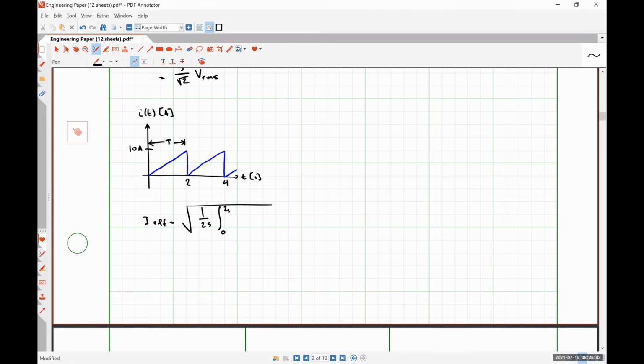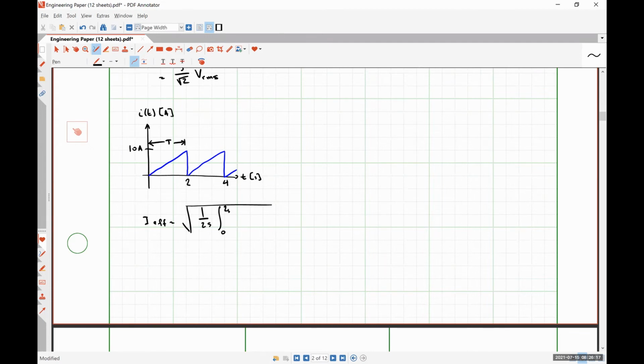So we don't want the area of the triangle, we want the area of the triangle squared, right? So how can we mathematically describe the shape of the waveform, right? Because that's what we have to square. So we're looking at this guy, let's look at it only over the interval from 0 to 2 seconds because that's exactly one period. So it looks like over that specific interval, when we're ignoring everything from t equal to 2 and greater, how would we describe this?